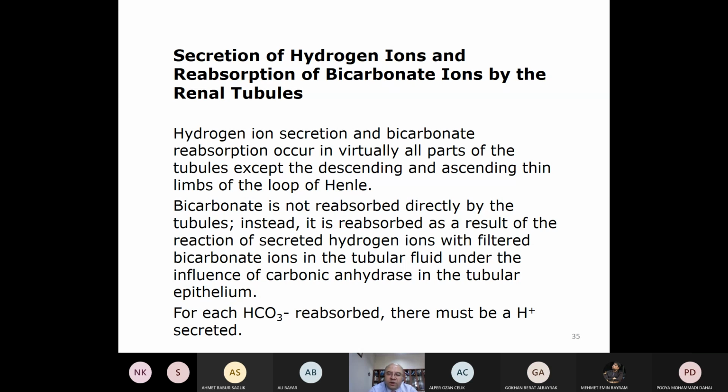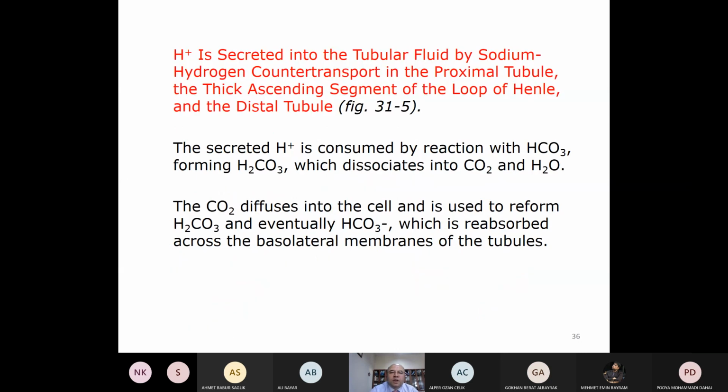You will understand this when you see the pictures, okay? For each bicarbonate reabsorbed, there must be a hydrogen secreted. Okay, hydrogen is secreted into the tubular fluid by sodium-hydrogen countertransport in the proximal tubule, the thick ascending segment of the loop of Henle, and the distal tubule.